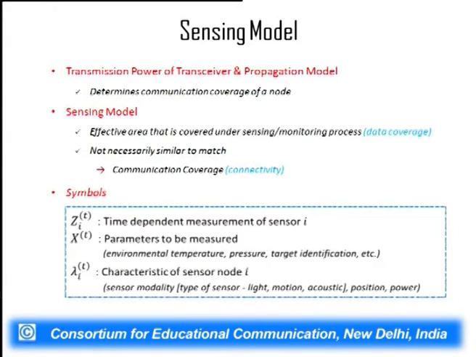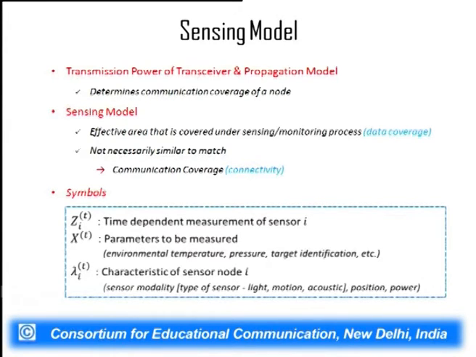This is the parameter that is going to get measured. It can be the environmental temperature, the intensity of surrounding light, some target identification, humidity level, anything. These are the parameters that are dynamically changing, so these are the dynamic network parameters.